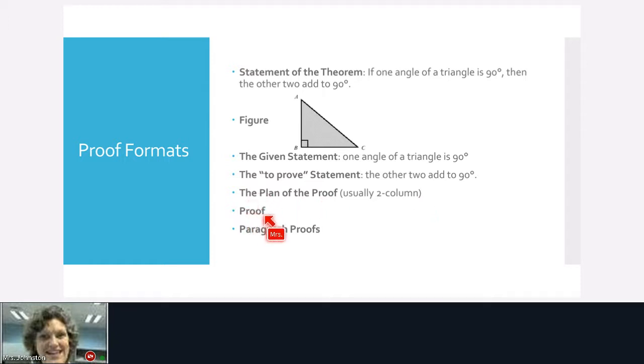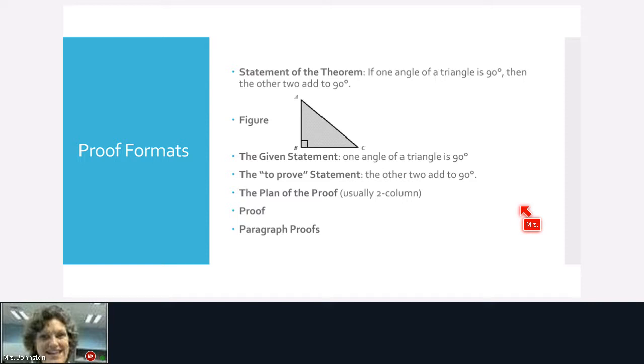Then you put the steps of the proof, and you always set them up in this format with the given statement first, and then the reason for it in the second column. The reason for it is always given because it's the information given to you. Then you move step by step through the proof, saying, well, if that's true, then this is true, and this is why.